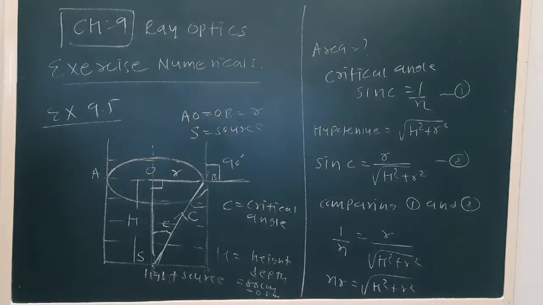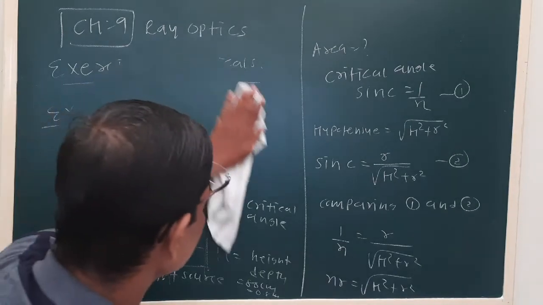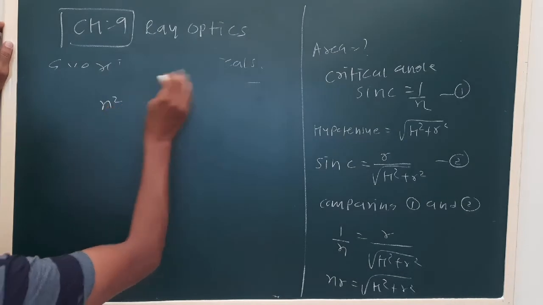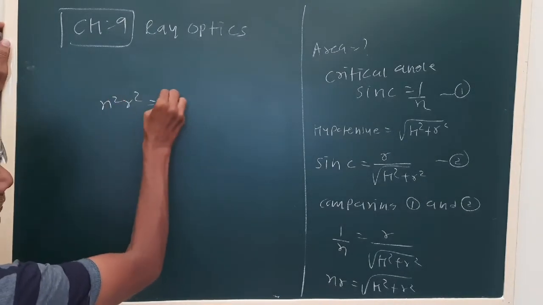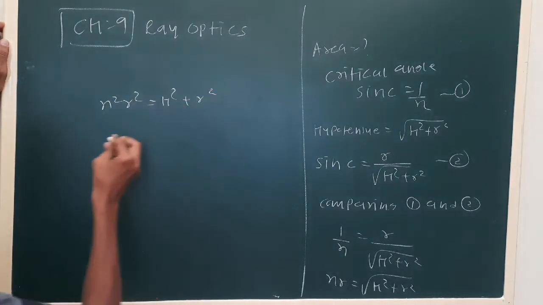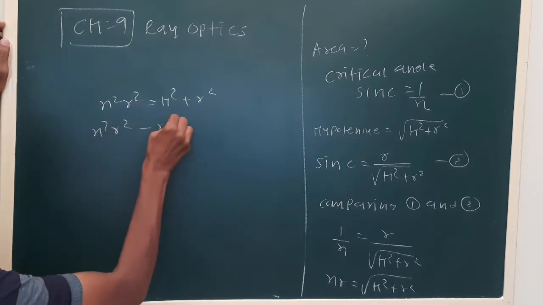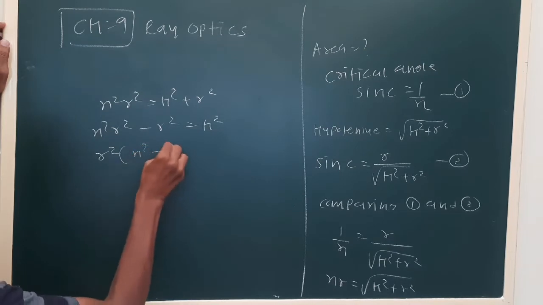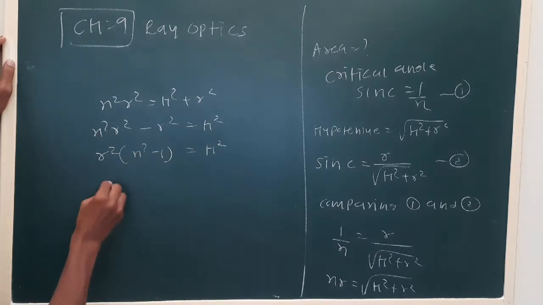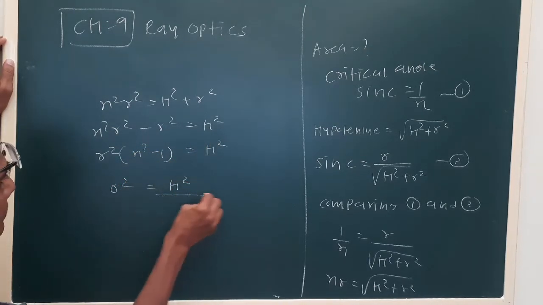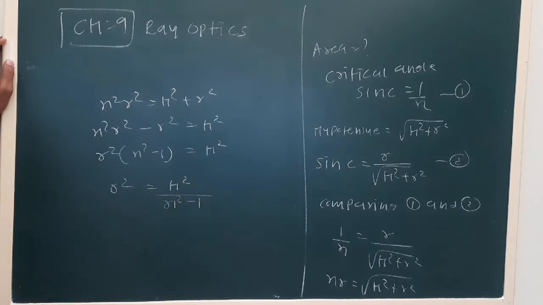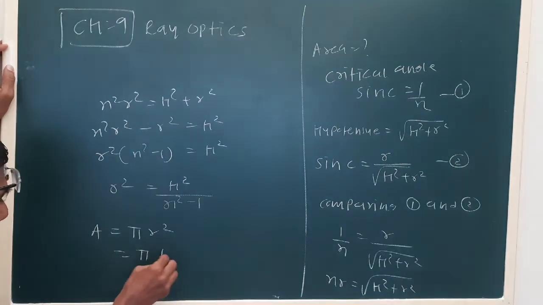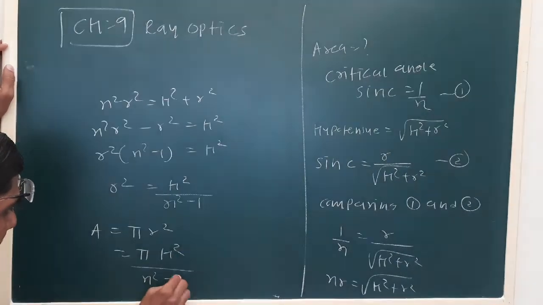Now if we simplify, this will be n square r square minus r square is h square. Now the area of the circle is pi r square, which is pi h square upon n square minus 1.